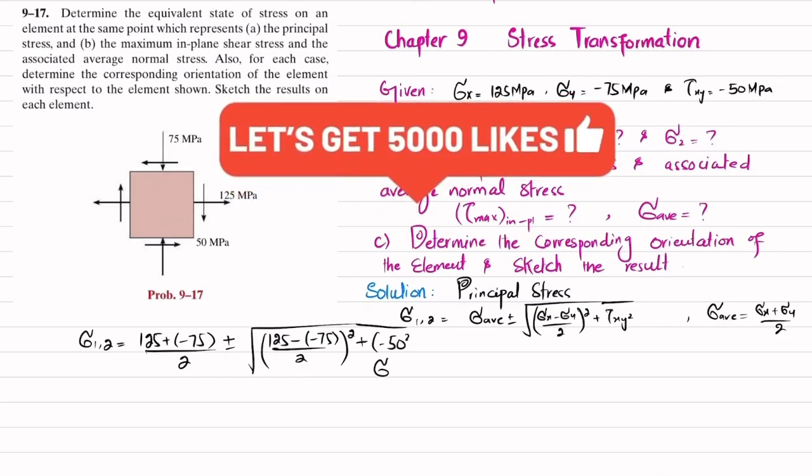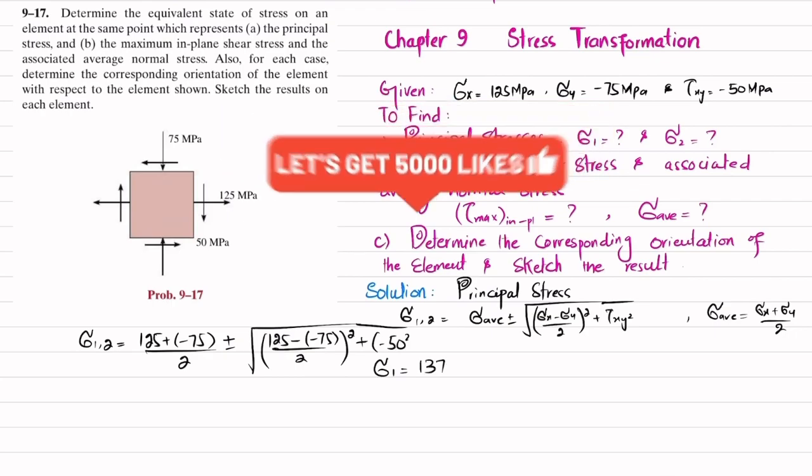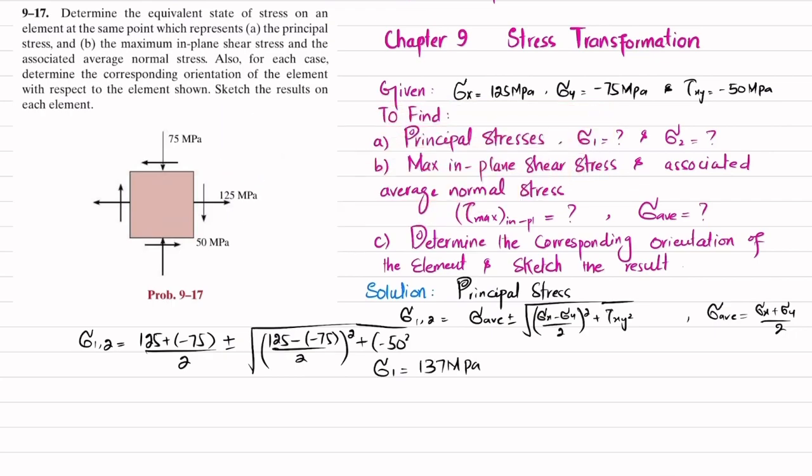So when you add these two terms, you will get sigma 1, which is 137 megapascal, and when you subtract these two terms, you will get sigma 2, which is equal to minus 86.8 megapascal. So these are the principal stresses.